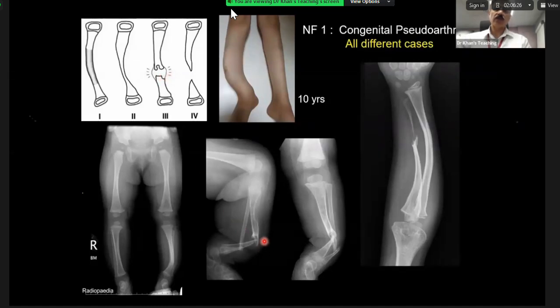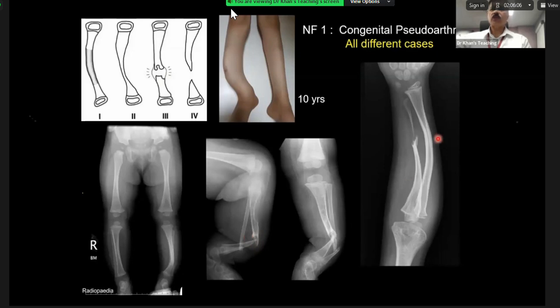In the case which you were seeing, there is a pencil and cup type of deformity, and look at the edges, they become very sharp. So this is quite a pathognomonic finding of pseudoarthrosis. We call it congenital pseudoarthrosis.